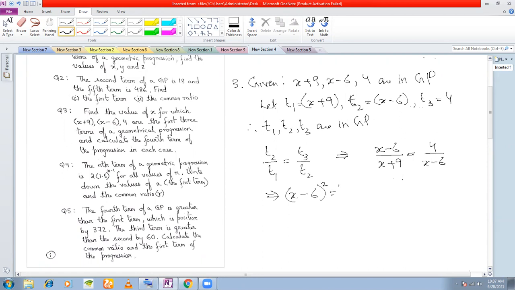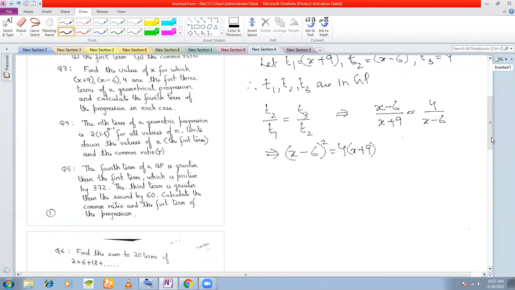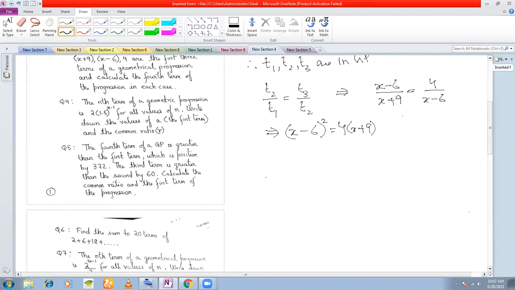X minus 6 whole square is equal to 4 times x plus 9, right? You will simplify this, you'll get this quadratic. X square minus 16x is equal to 0. That means you get x into x minus 16 is equal to 0. That means either x is equal to 0 or x is equal to 16. So you're getting two values of x.